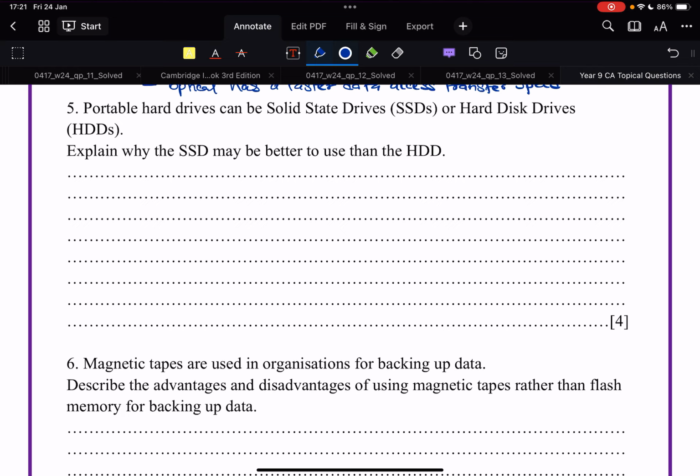So look at 4 points. Here we can see that the SSD is more portable.